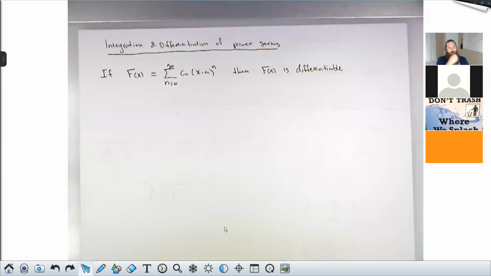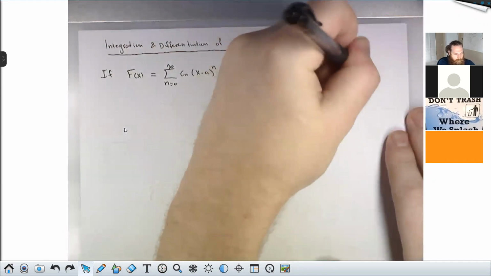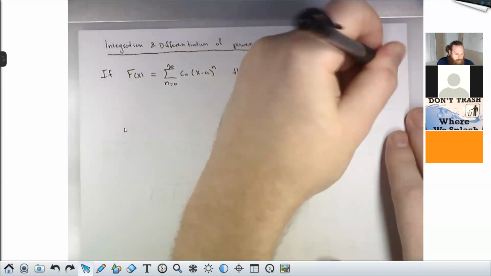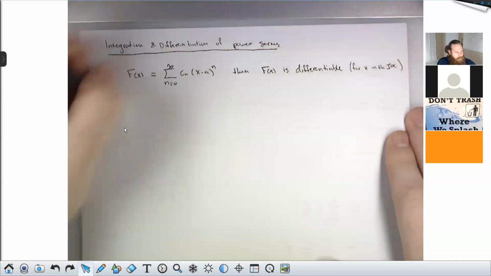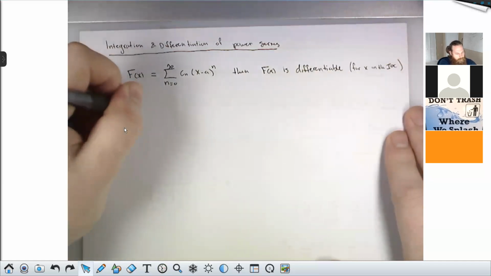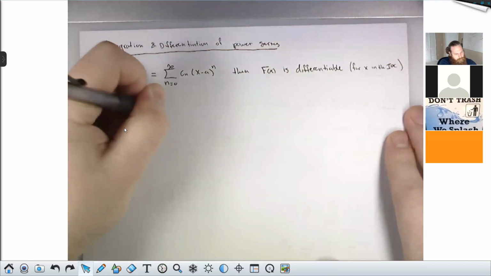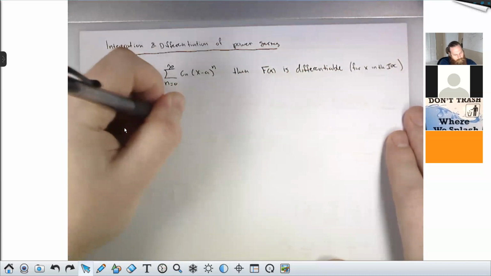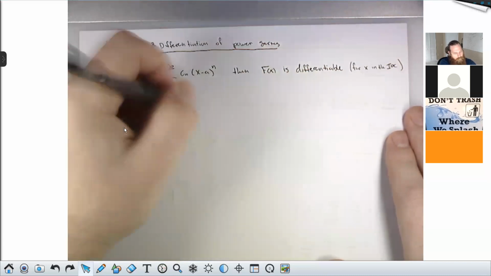In fact, more is true, but the fact that every power series is differentiable on its IOC and its derivative looks like this.